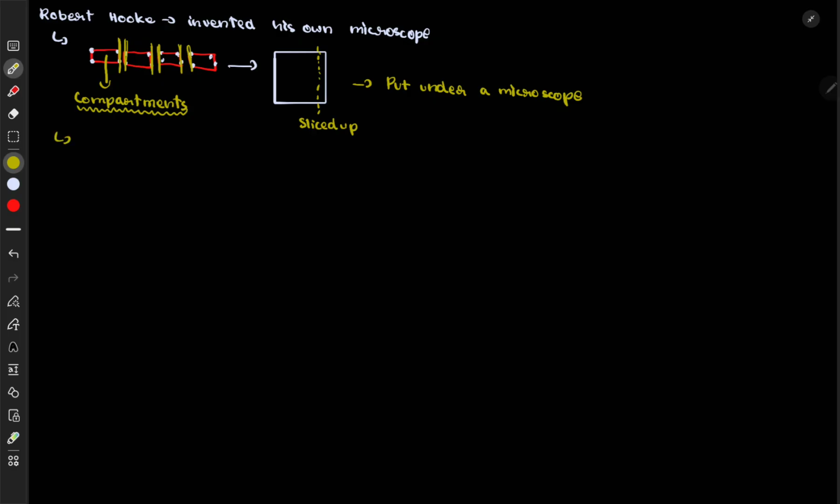Now, what did he name these substances? He named them cells. Of course, Latin is a great language. Almost every scientific term is derived from it, like acid or whatever. That is why the word cell was derived from the Latin word cella.